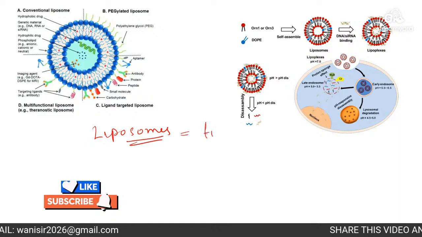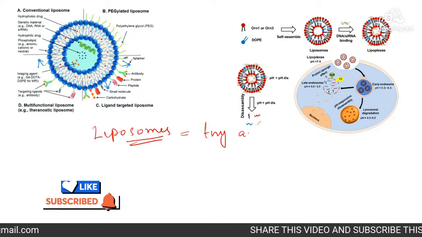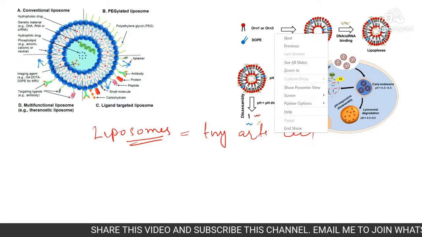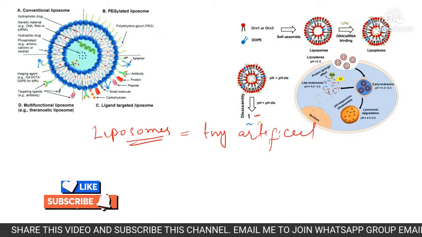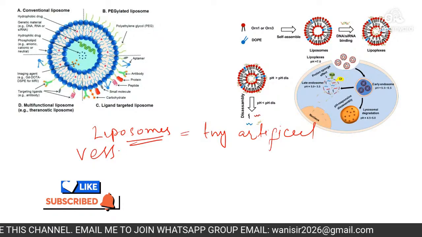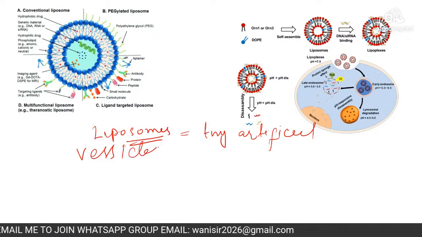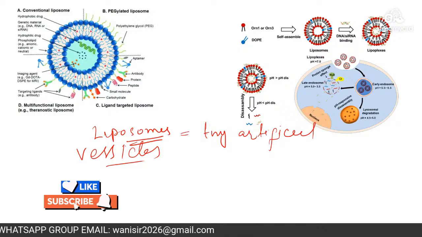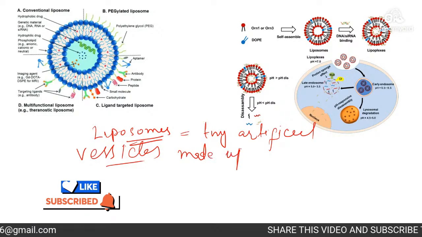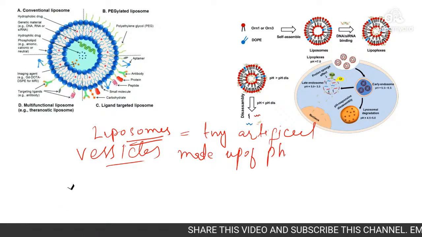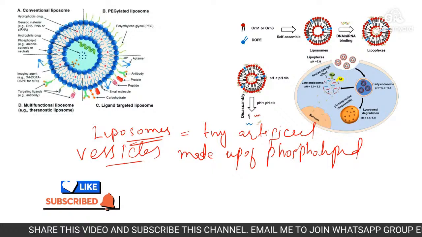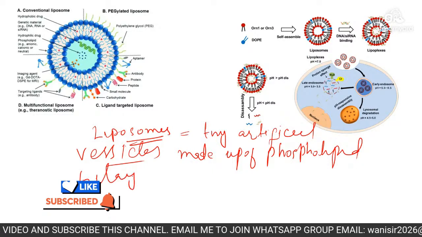Liposomes are tiny artificial vesicles. This is very important to learn. They are tiny artificial vesicles made up of phospholipid bilayers.